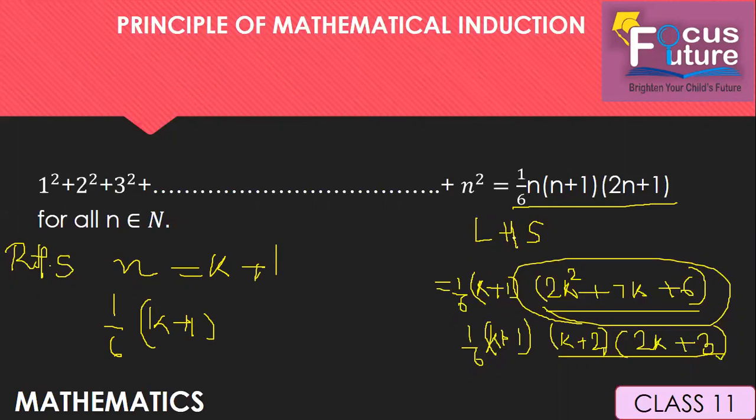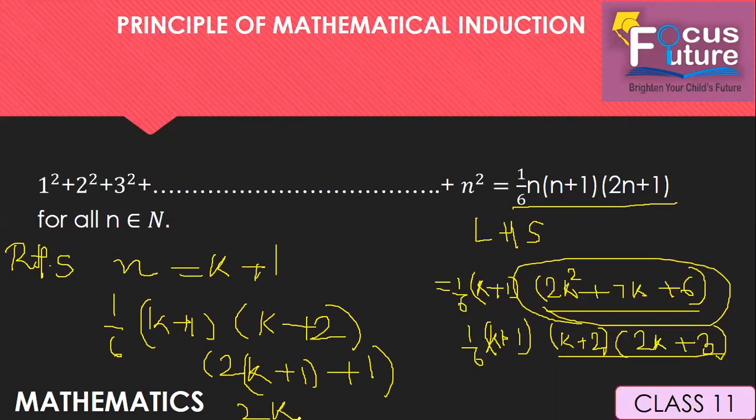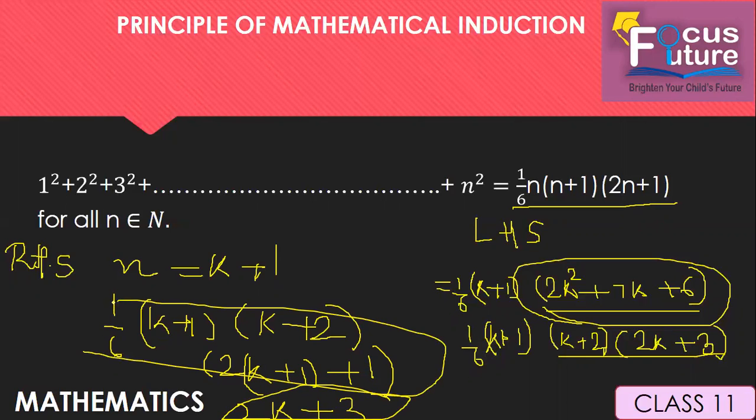And k plus 1 plus 1, that would be k plus 2, and 2k plus 1, that would be 2k plus 1 plus 1. So this would become 2k plus 2 plus 1, 2k plus 3.